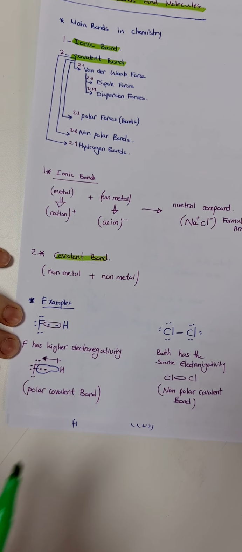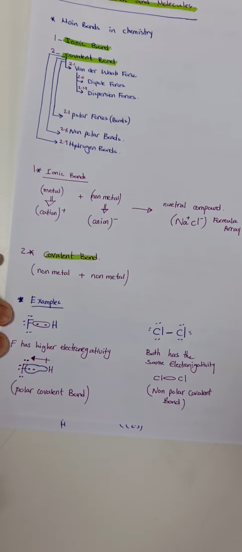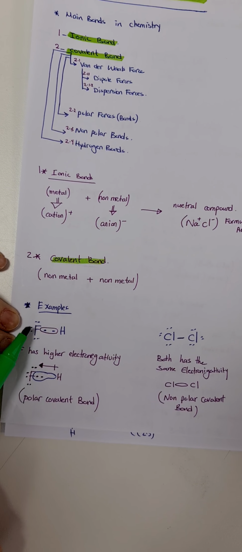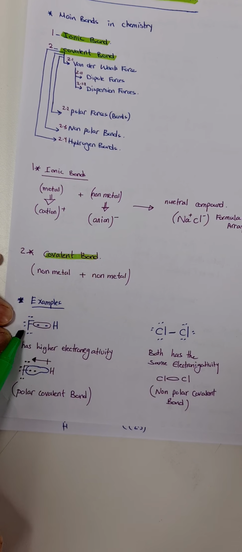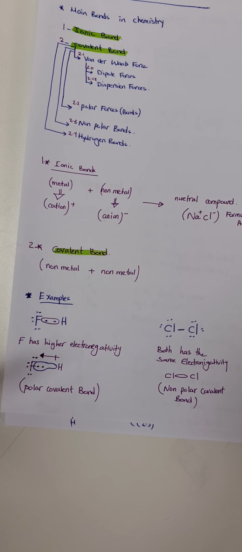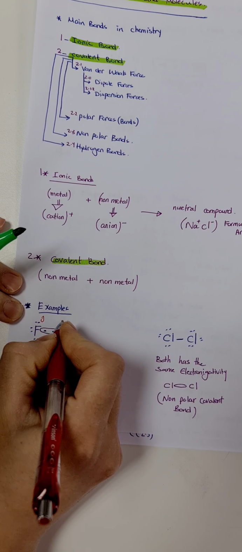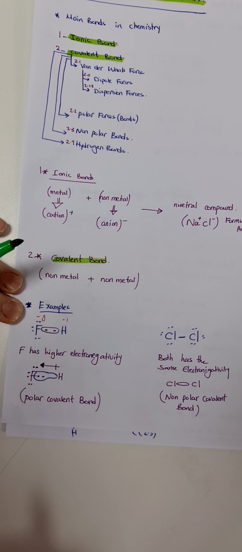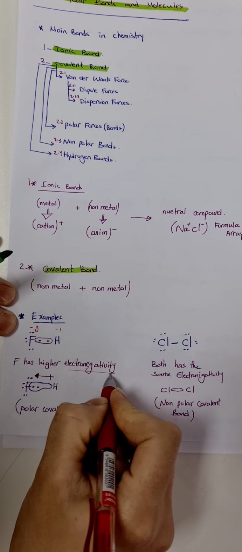Now, let's take examples on covalent bonds in order to understand the forces that we have for them. Here we have a covalent bond between fluorine and hydrogen. You know, miss, that fluorine has 9 electrons while hydrogen has only 1. So that means the fluorine is stronger, or in other words, it is more electronegative.